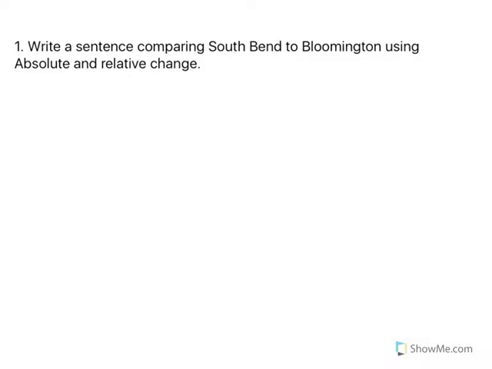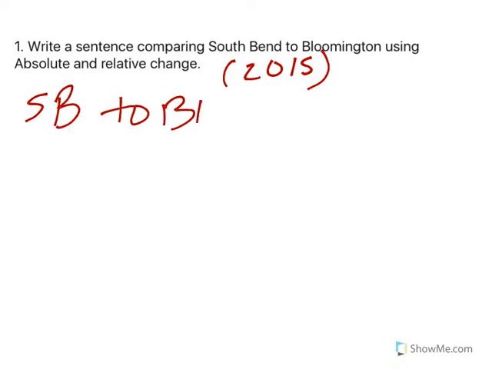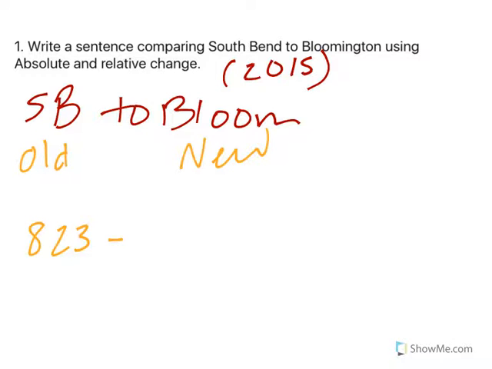Now, we got two more questions here in this video. Number one, write a sentence comparing South Bend to Bloomington using absolute and relative change. I'm going to stick with 2015, even though it doesn't really say. And if I'm going South Bend to Bloomington, that means South Bend is old, Bloomington is new. So I take Bloomington, 823, minus South Bend, 763, and I get a positive 60.